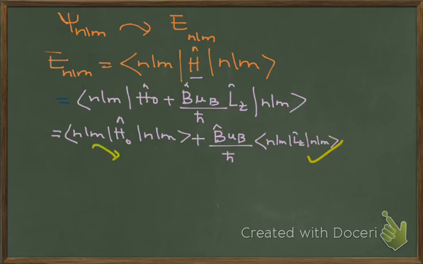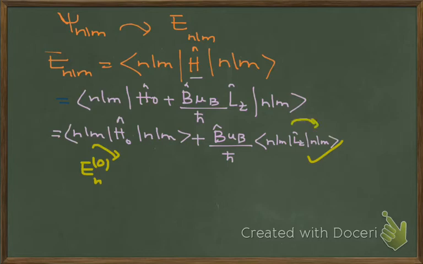the eigenvalue of this term is E n naught. This is the eigenvalue of energy when the hydrogen atom is not placed in the magnetic field. It's the unperturbed value.